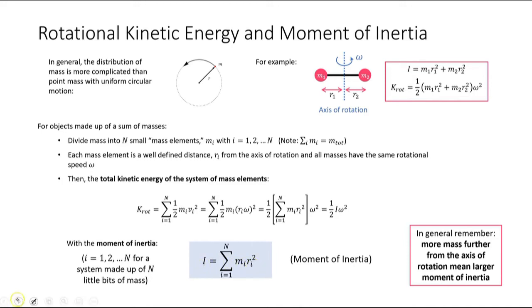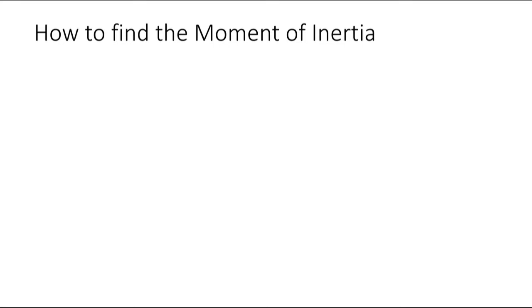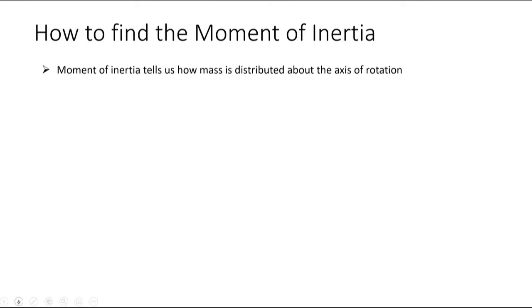Okay, so let's just kind of summarize this idea of the moment of inertia. So first of all, what is the moment of inertia really telling us? It's telling us how mass is distributed around some axis of rotation, and it also tells us about the resistance to the change in the rotational speed of an object. So remember, inertia is resistance to change in motion, and so specifically when we think about the moment of inertia, it's telling us about how resistive our object is to change in its rotational speed.